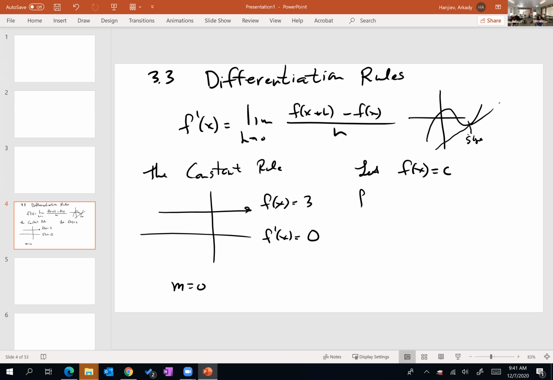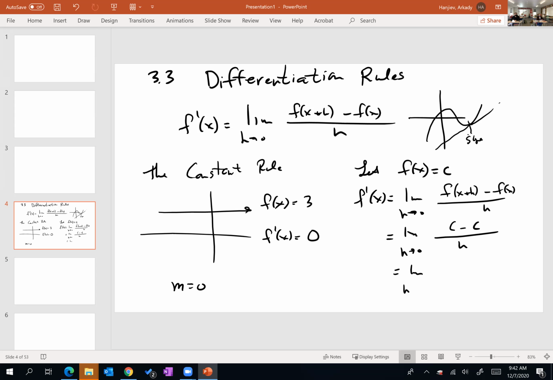Then the derivative of f of x will be the limit as h goes to 0 of f of x plus h minus f of x over h. We're just proving it; we knew it intuitively by the graph. And if that's the case, this will just be c minus c over h, which is, again, the limit as h goes to 0 of 0 over h.